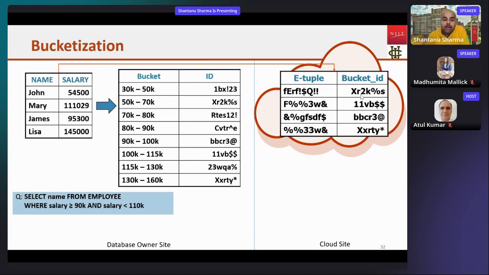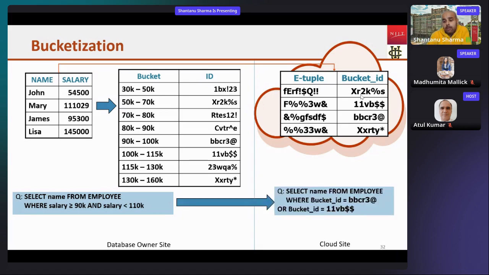Now, instead of asking the range query, it will ask, give me these bucket IDs. So the range query is converted into a simple selection query: give me this bucket ID or that bucket ID. The server will apply this bucket ID selection over the encrypted data set, and it will return the rows.